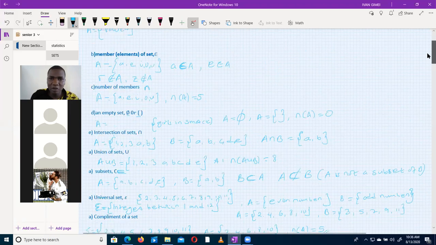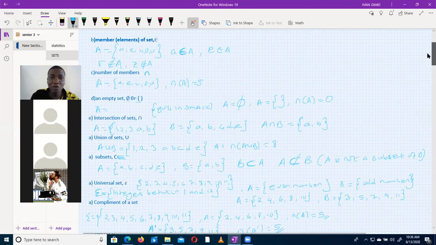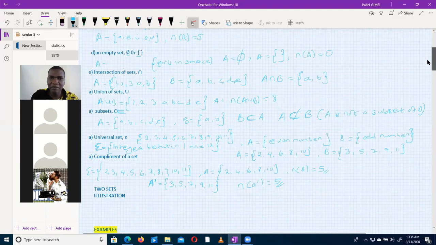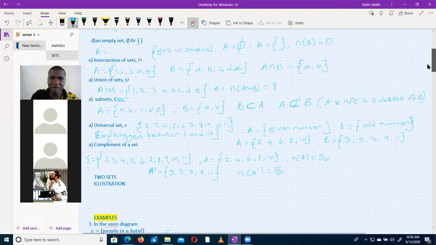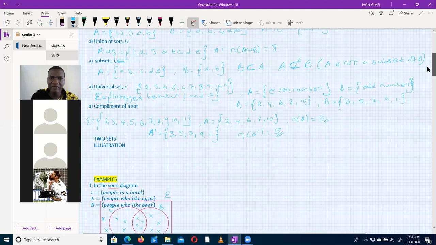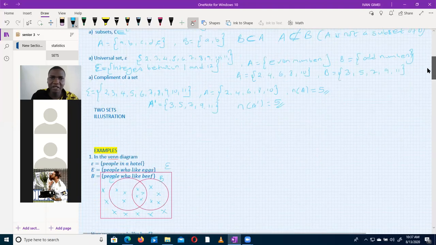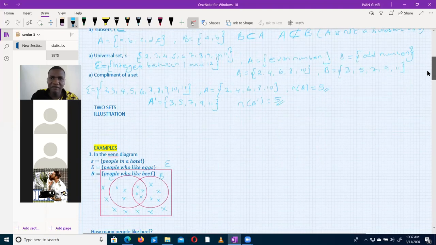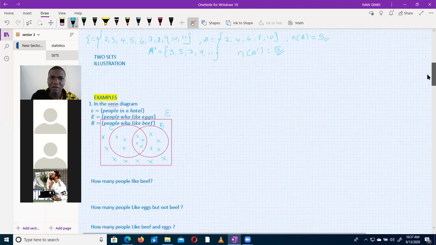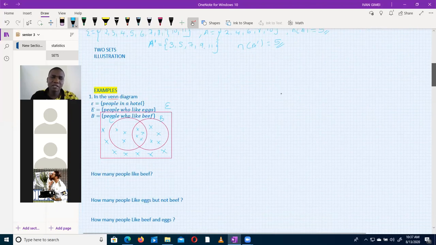Number of members, we use small n to stand for number. Then an empty set, I've shown you what we use. Intersection of sets, union of sets, subset, universal set, then complement or the prime, I've talked about them.